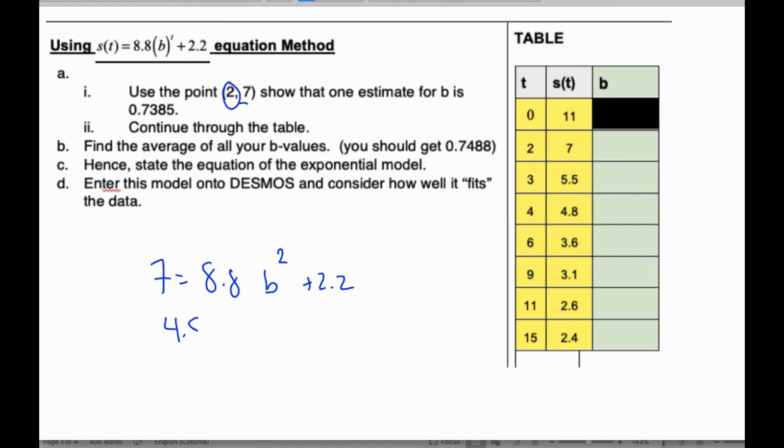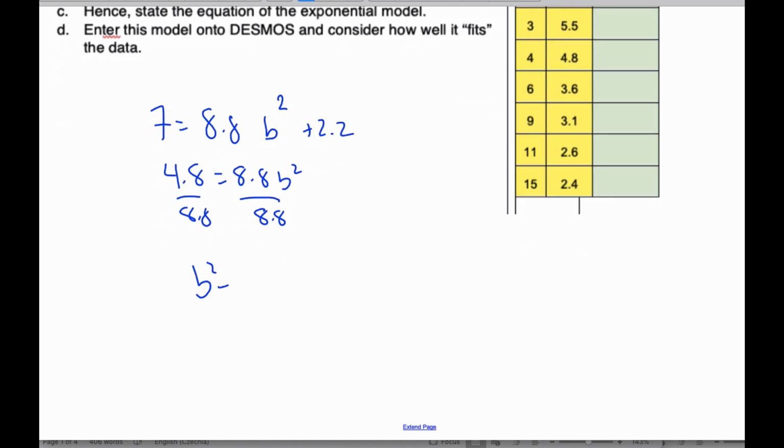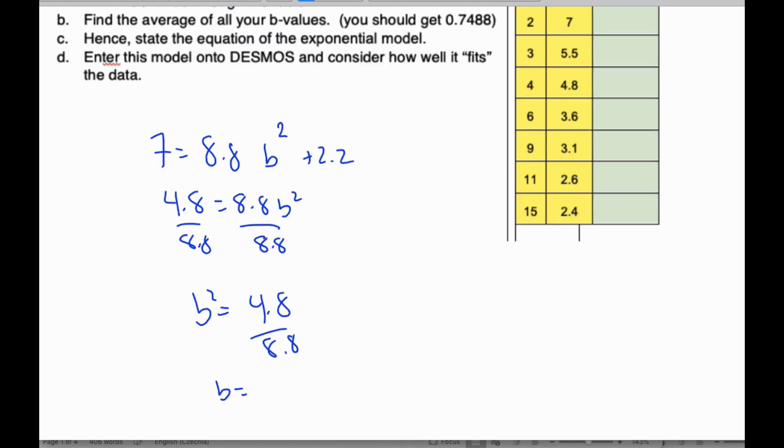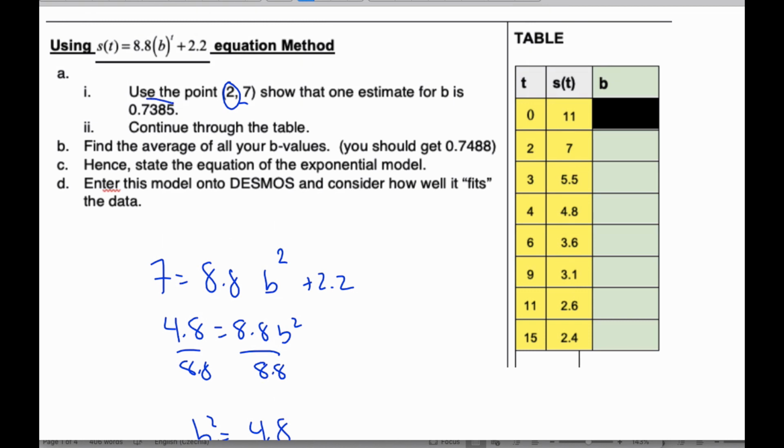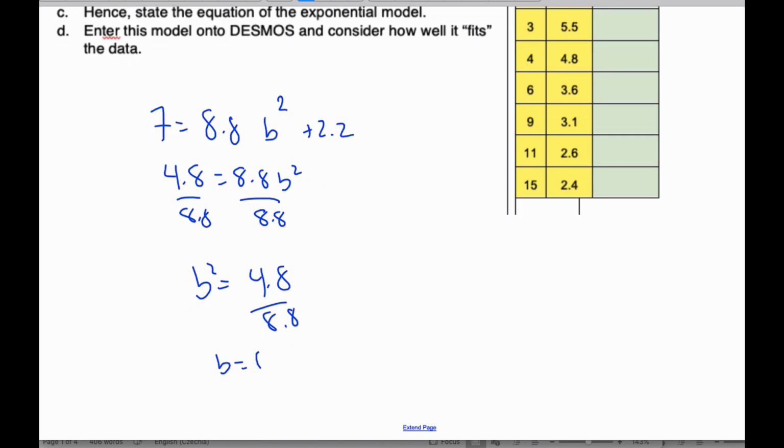So 4.8 is equal to 8.8 B squared. Divide by 8.8, and I know that B squared is 4.8 over 8.8. When I do that calculation, it says it should be 73.85.